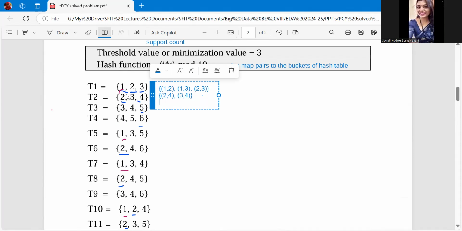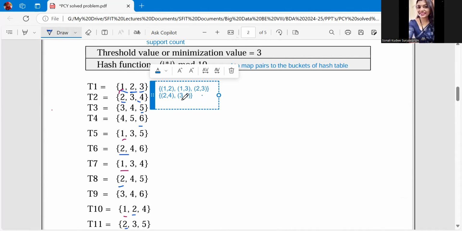So likewise, for every transaction, whatever sets have been allocated to that transaction, you generate candidate pairs out of that. Yes, it may happen that one of the items has been discarded in the earlier stage. If they are not frequent, then you don't need to create their pairs. For example, if I say that 4 is not a frequent item set, then any pair which is generated from 4, you don't need to consider.